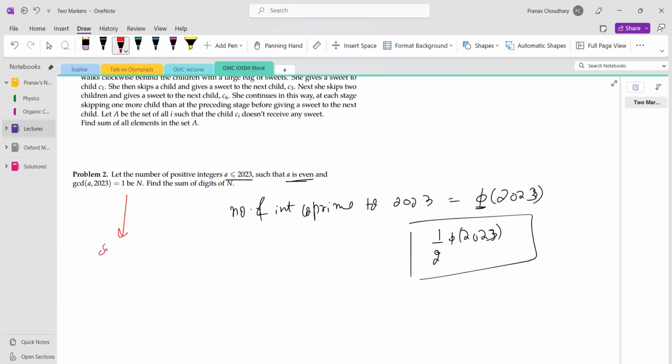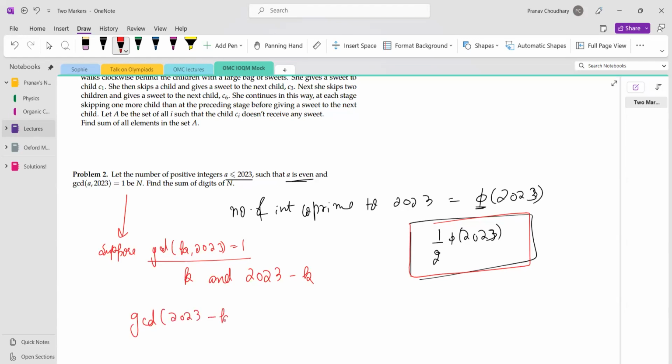Suppose GCD of k comma 2023 is 1. We are saying that half of the numbers which are coprime are even, which means you have to pair up the numbers in some way. What is the most obvious pairing? Considering k and 2023 minus k. You have GCD of this is 1. Let's now find GCD of 2023 minus k comma 2023.